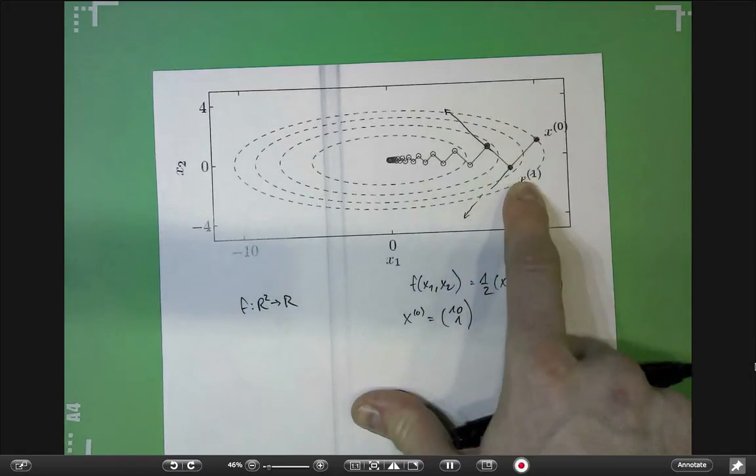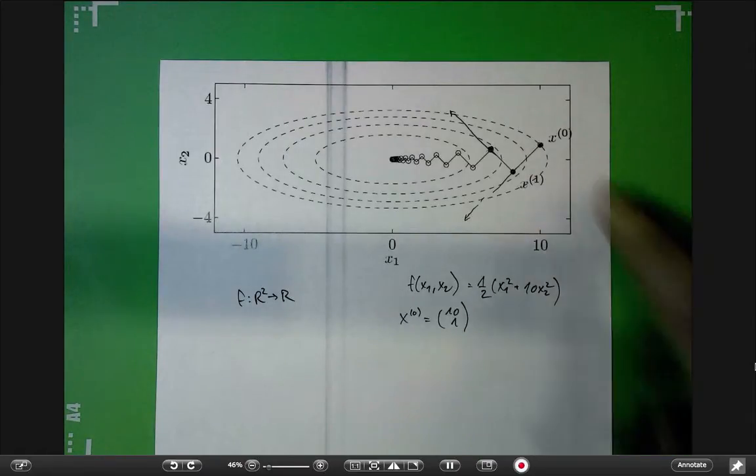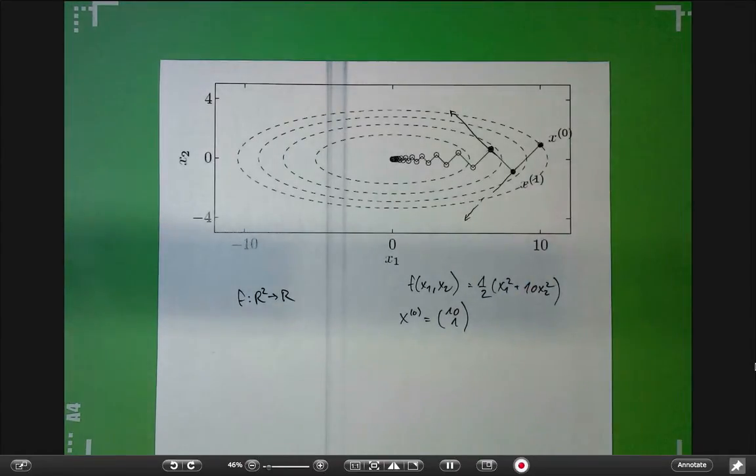So the answer to my question, why gradient descent is not such a great idea, is because it's basically greedy, right? Like if you're playing chess, it's usually not a great idea to always go for the kill, to always take the biggest figure you can. That's a greedy but stupid strategy, right?